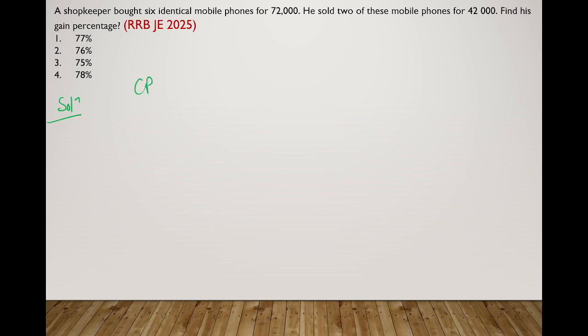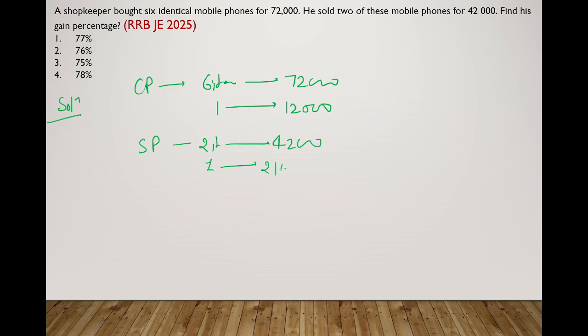Cost price of six items is 72, so one item means 12,000. Selling price for two items is 42,000, and for one item is 21,000.